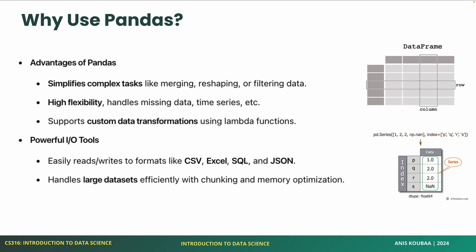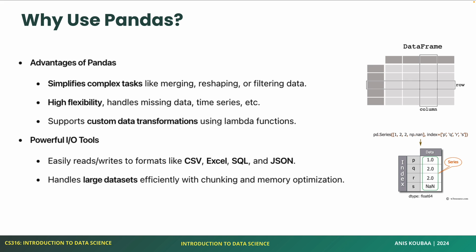So the advantages of Pandas: it simplifies complex tasks like merging, reshaping, and filtering data. It's highly flexible. It can handle missing data and also time series forecasting. It supports custom data transformation using lambda functions, like using map and reduce, the different functional programming tools that we have introduced.